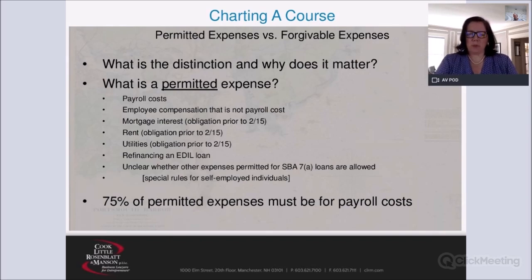So the most important point here on the permissible expenses is that the requirement of spending 75% of that money on payroll costs applies not just to forgiveness, but to the permitted expenses.